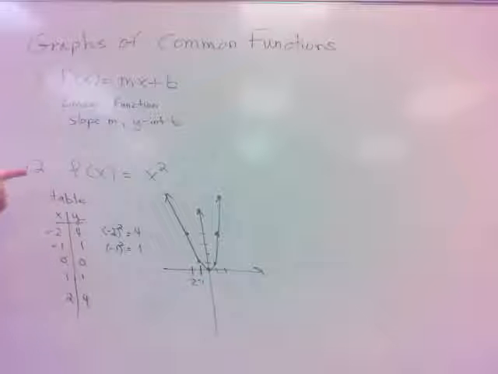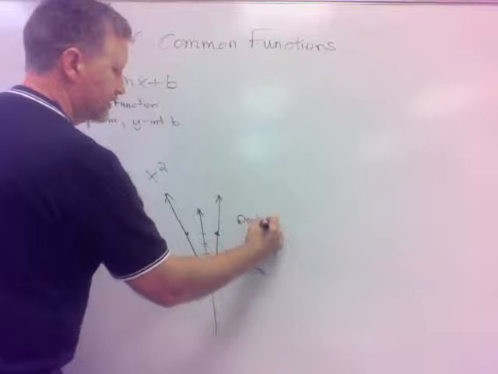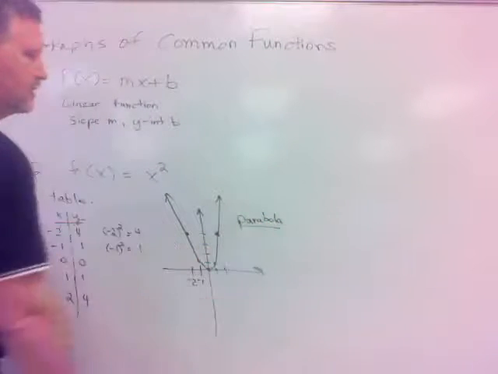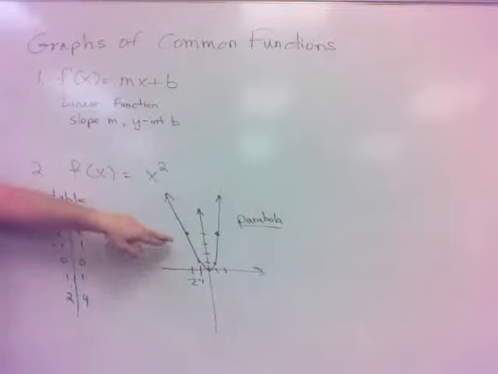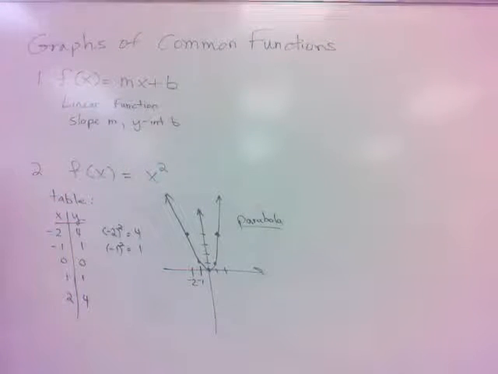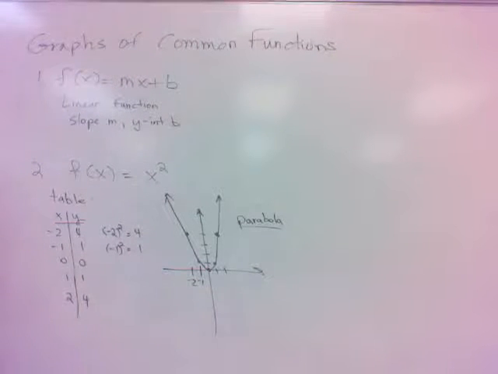We'll talk a lot more about this one for sure. It's called a parabola. An x squared graph is always going to look very much like this. It'll move around and things like that, but that's what it's going to look like.